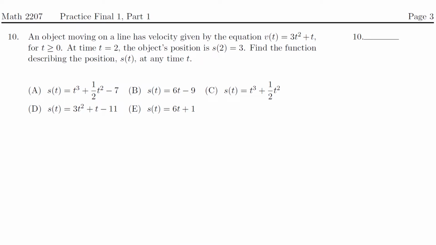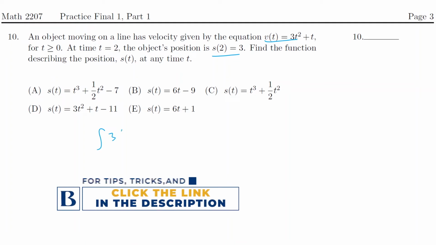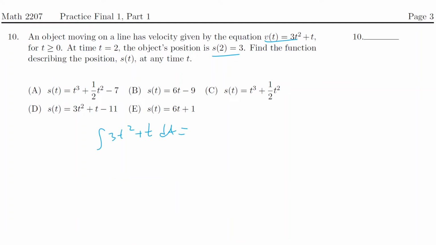10. An object is moving. Okay, great. So it has to do with velocity. So chances are I have to do the integral. So all I have to do is integrate 3t squared plus t dt. That is going to be equal to t cubed plus t squared over 2 plus c. We know that s of 2 is equal to 3, and this right here is already s of t.